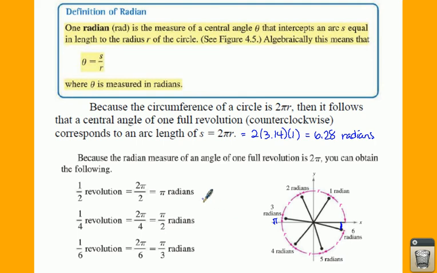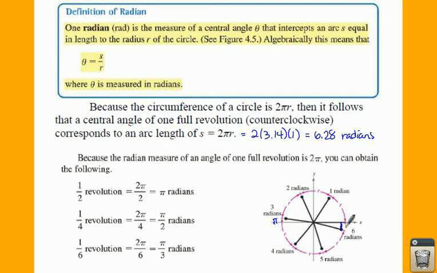So here's how you convert revolutions into radians. Half a revolution is just taking half of 2 pi. So if you take 1/2 times the 2 pi, that gives you pi radians. So halfway around is pi.